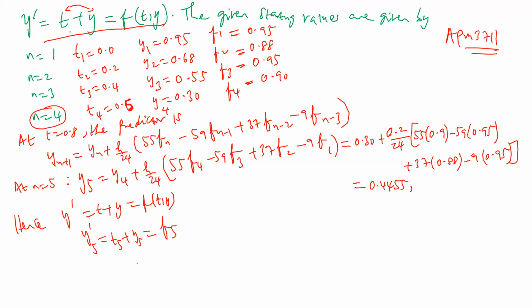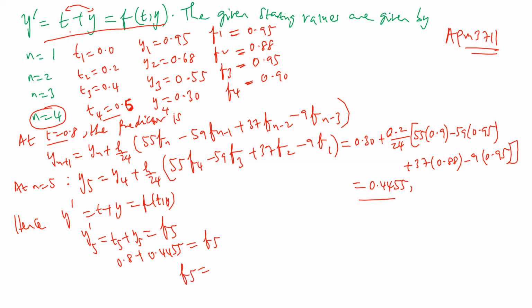If we know y5 and t5, t5 is 0.8 because we're having t4 there, but the y5 is what we just got, which is 0.4455. It becomes essential for us to find f5 in our table.